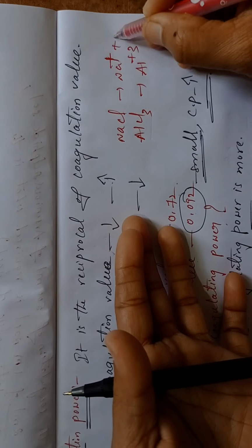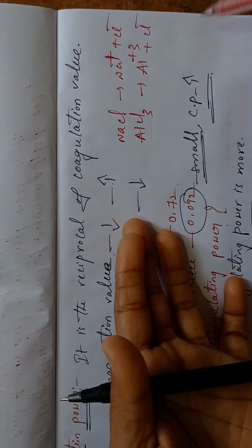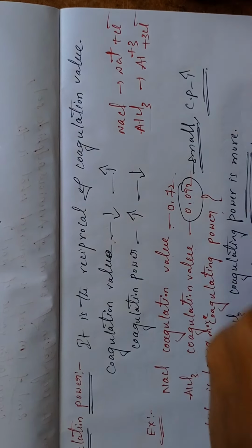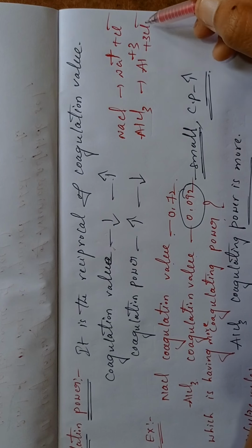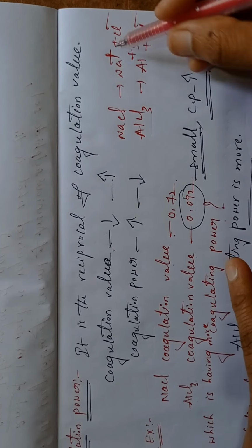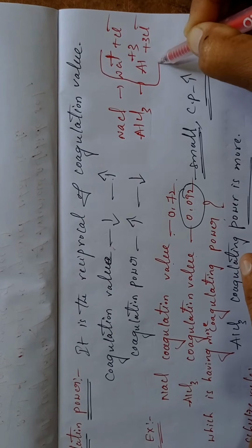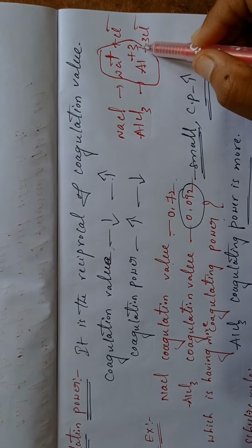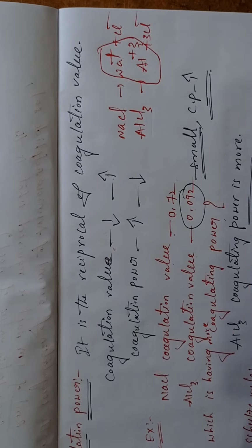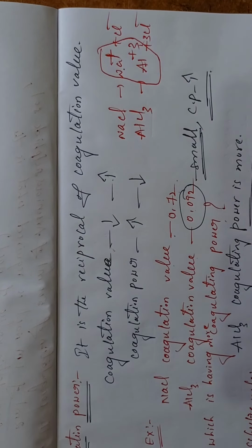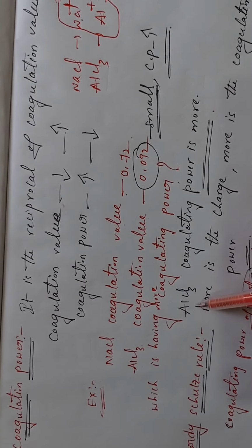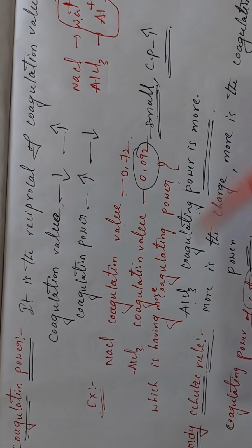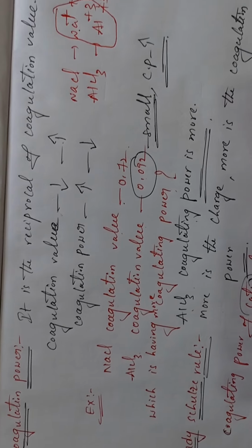NaCl dissociates into Na plus and Cl minus, and AlCl3 into Al plus 3 and 3 Cl minus. Now see students, Cl minus in both has the same charge. Now between Na plus and Al plus 3, aluminum has the more charge, so its coagulating power is more when compared to sodium. So our answer is aluminum chloride has the more coagulating power according to the Hardy-Schulze rule. Are you clear, students?